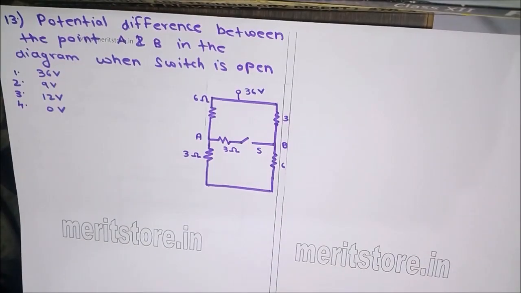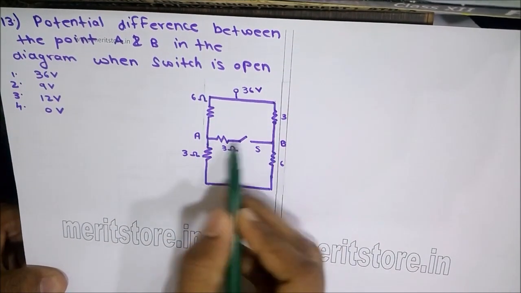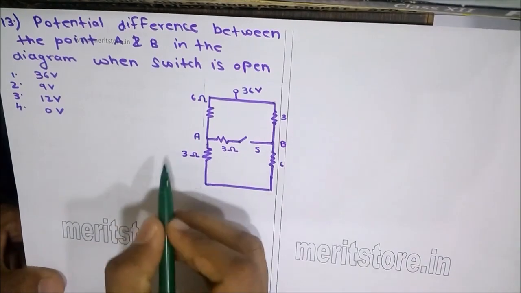Potential difference between the points A and B in the diagram when the switch is open is, we've got four options: 36 volts, 9 volts, 12 volts and 0 volts. Now when this switch S is open, this arm AB becomes ineffective.